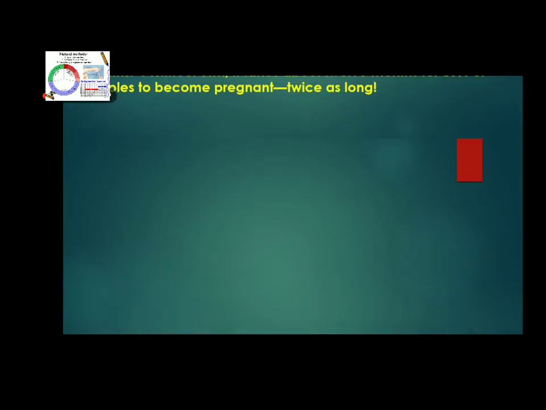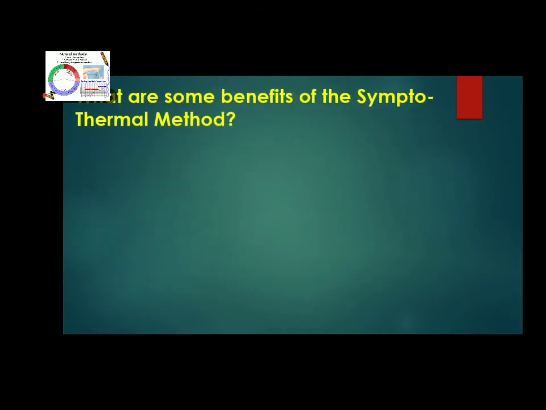What are some benefits of the symptothermal method? The symptothermal method is easy to learn and an effective fertility awareness-based method for attempting to achieve or avoid pregnancy. There are no devices or drugs to use that harm the body or a couple's fertility. STM is safe, healthy, organic, and inexpensive.